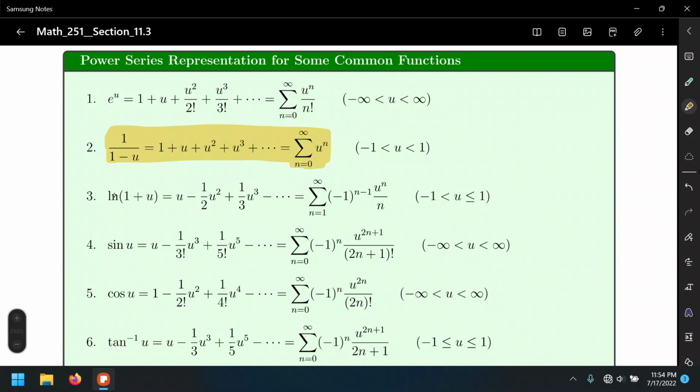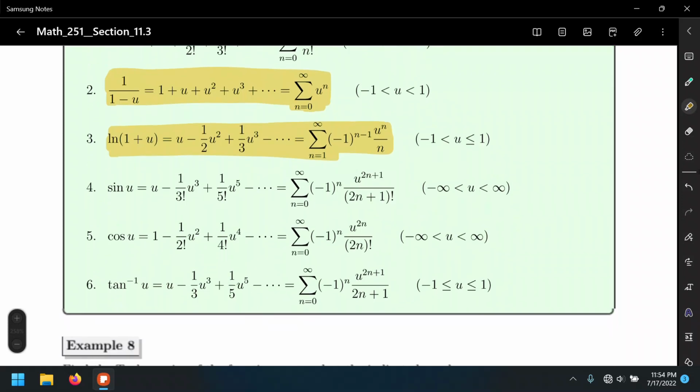And then we also deduced one for ln of 1 plus u. In this case we use 1 plus x, but of course if we have a function that is more composite, then we have to use this u.